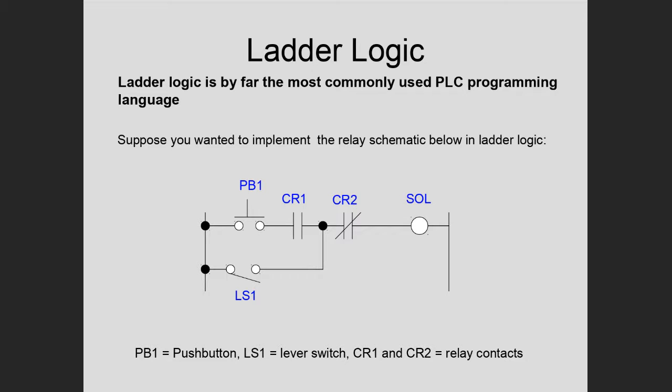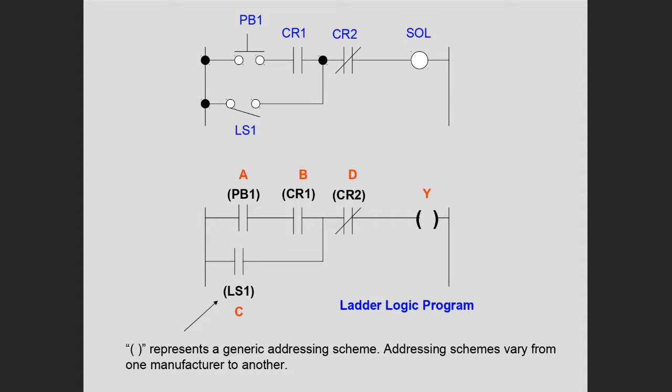We'll assume that the blue are the actual addresses. We won't use the address schema. We'll just use the labels to represent the addresses. If you wanted to mimic this in ladder logic, then you might do something like this.